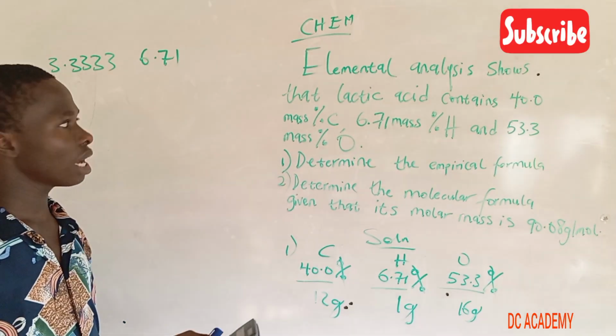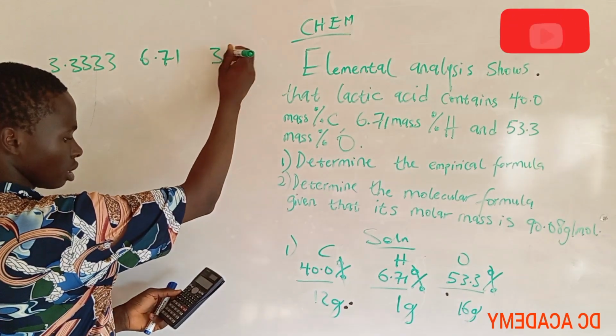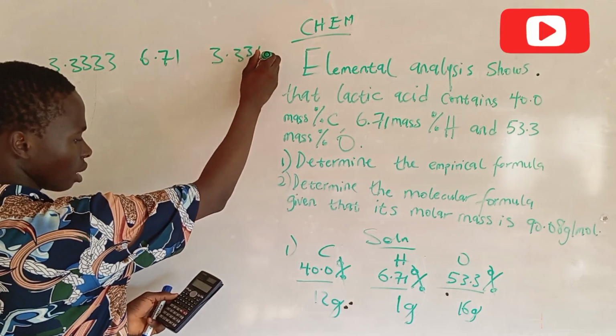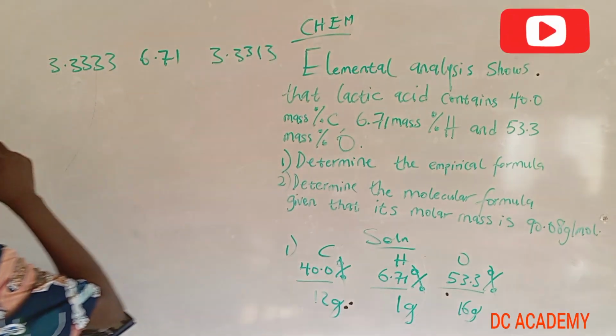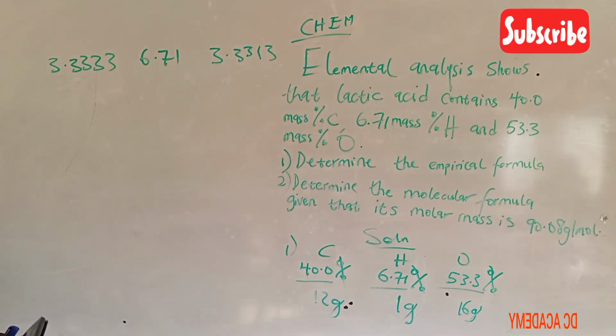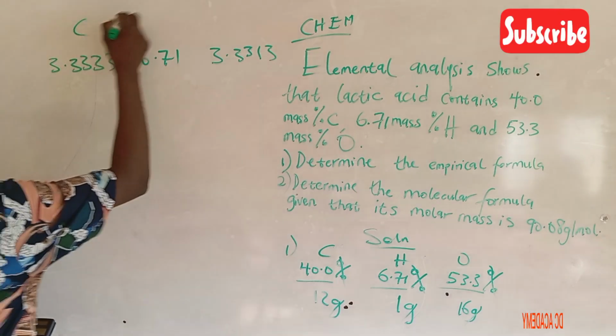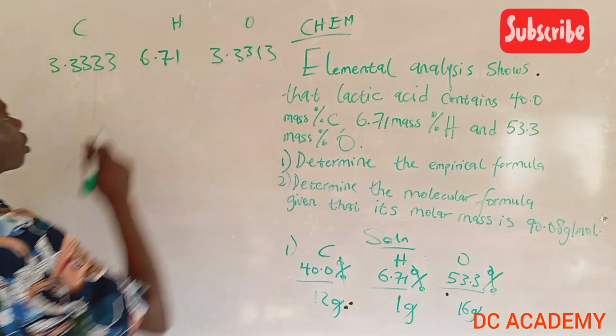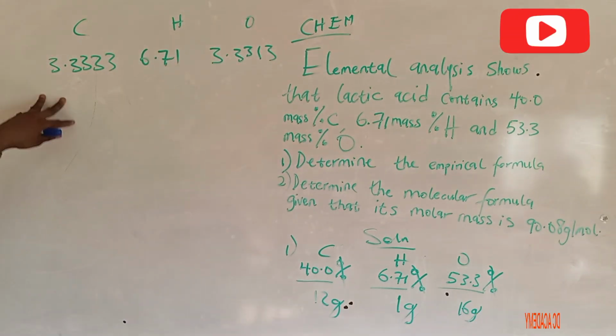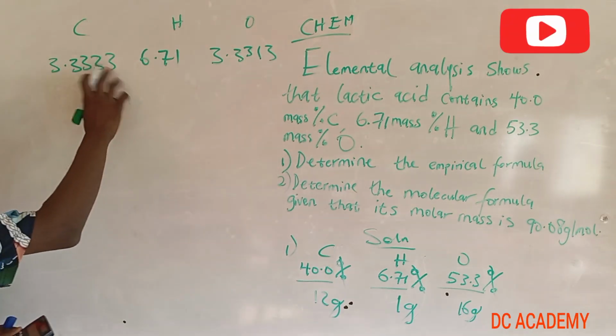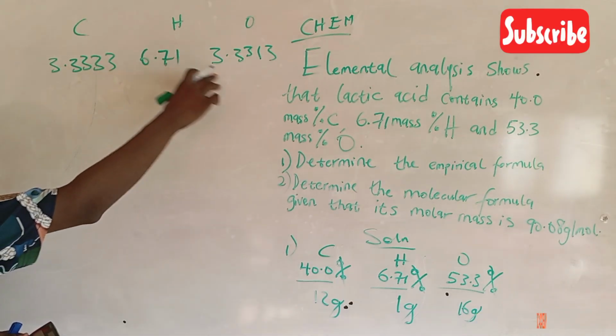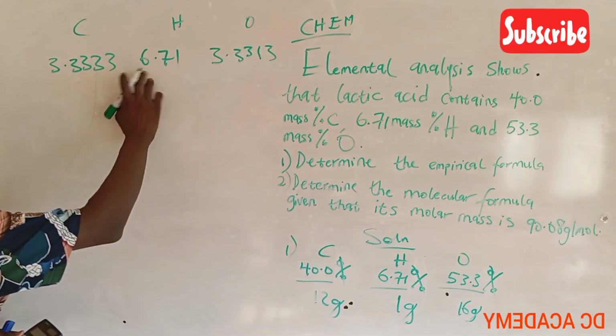We actually have 3.3313. Now, among carbon, hydrogen, and oxygen, which of them has the lowest value? Here you have 3.3333, 3.3313, and 6.71.